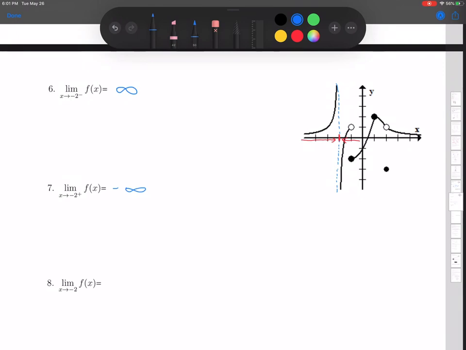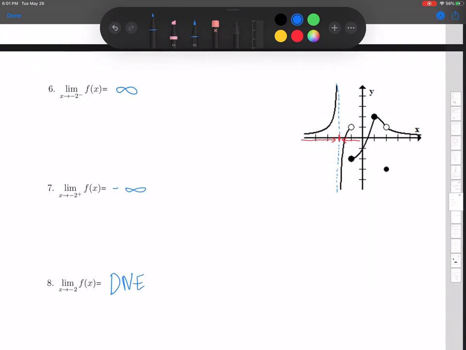All right, number 8. So remember what we said before about general limits. Number 8 says find the limit of f of x as x approaches negative 2 in general, right? So number 6 and number 7, we were talking about negative 2 from the left, negative 2 from the right. So what can we conclude about number 8? Well, hopefully you're sitting there saying it doesn't exist. Why is that?